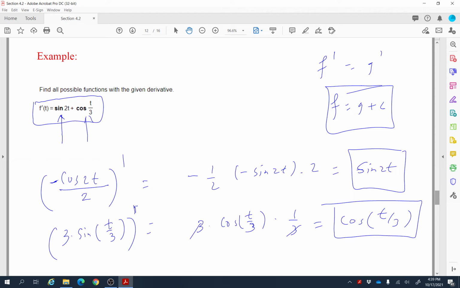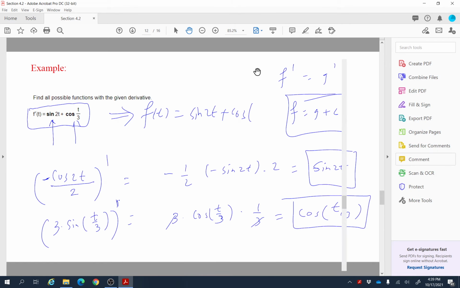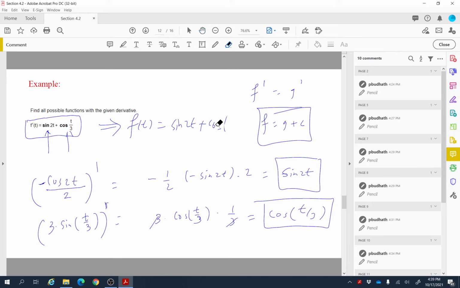So the answer would be, the function is this one, sine 2t plus this one, cosine, sorry, that's my bad. Okay, the function would be this one and this one. So let me just erase this here.